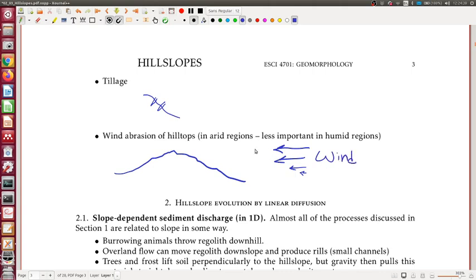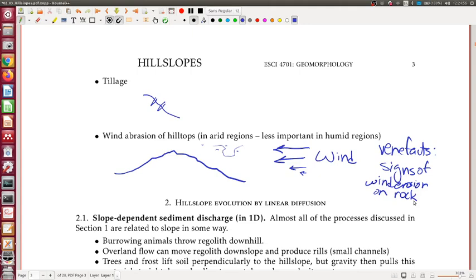And if that's carrying any kind of sand particles in these swirling eddies, that can actually sandblast the rocks and create what we call benefacts. Signs of wind erosion on rock.